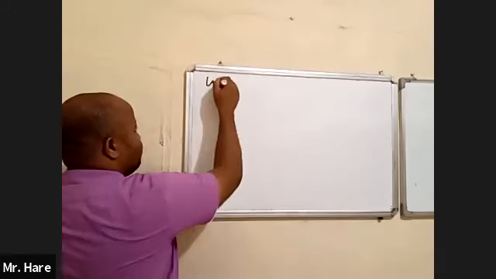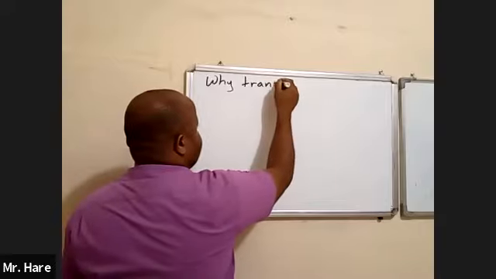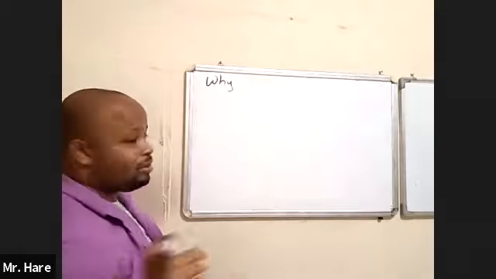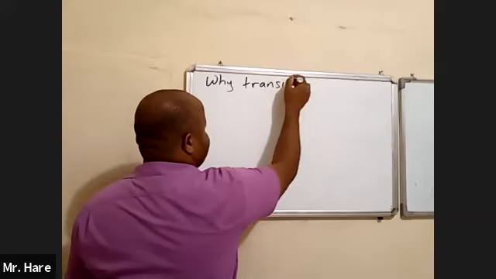Sir, that's the explanation for what you were explaining before? That's what I'm going to do now. Sir, what was on the board? Just some characteristics of transition metals. Okay, sir. I know you're going to write about the color thing.